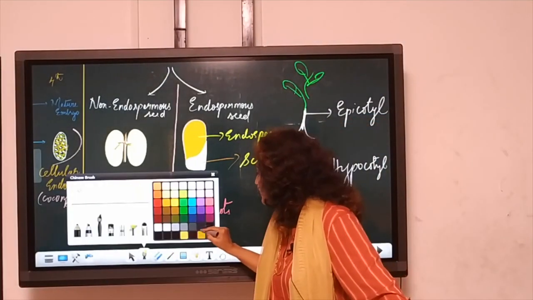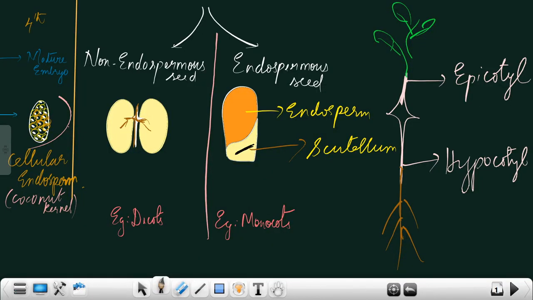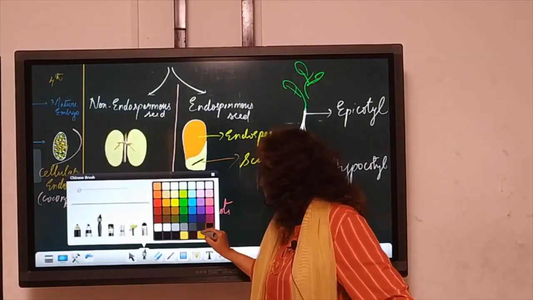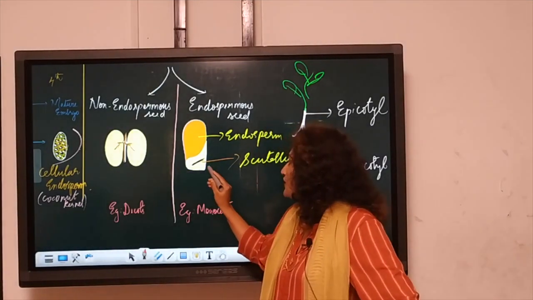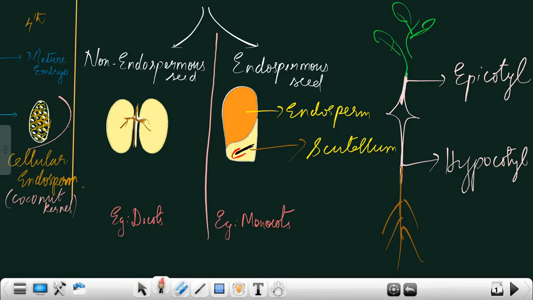Now I'm placing the embryonal axis in black color. This is the embryonal axis. The embryo is located on the lower side of the scutellum. It has a typical hypocotyl and epicotyl. And remember, here there are additional structures. The hypocotyl is protected by a sheath called coleorhiza, and the epicotyl is protected by a sheath called coleoptile.